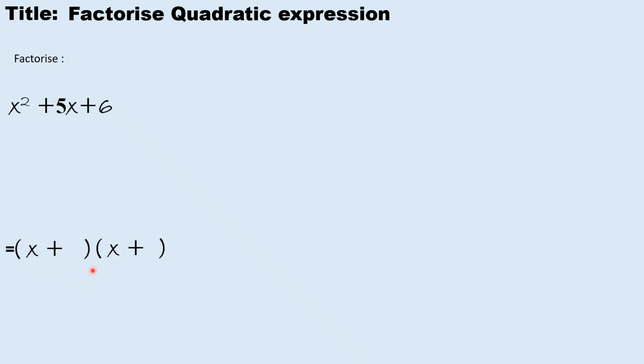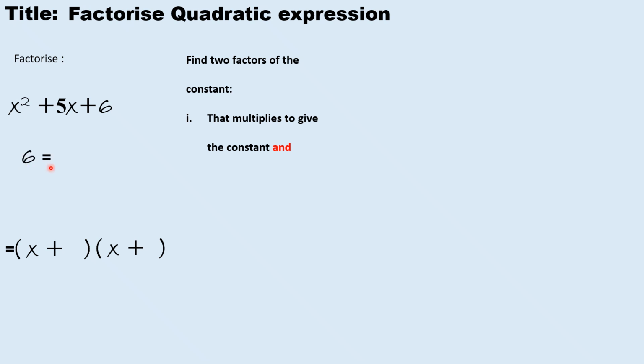So x multiplied by x will give you x squared. And then you will need two factors of 6 that multiply to give you 6 and add to give you 5. Let's look at our constant 6, and 2 multiplied by 3 is 6.